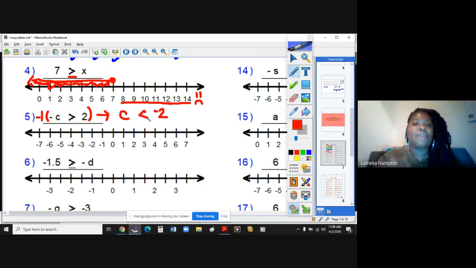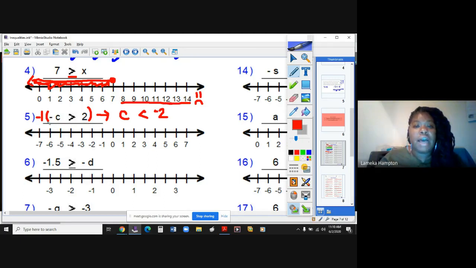Okay, so I will explain that again. I cannot have a negative variable. And remember, the variable is just the letter. So I can never, ever have a negative letter. So what I would have to do in order to make my letter positive, I would simply have to multiply everything I see here by -1.